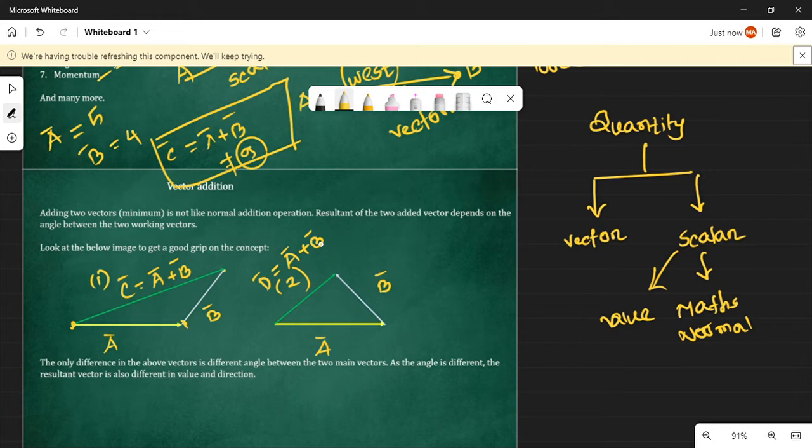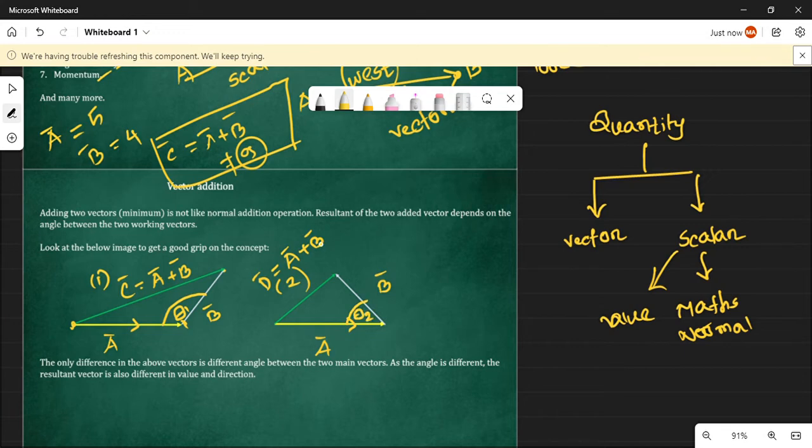Just think: A is in the same direction in both images, but B is not. In the first image B is at an angle theta 1, and in the second image B is at an angle theta 2.